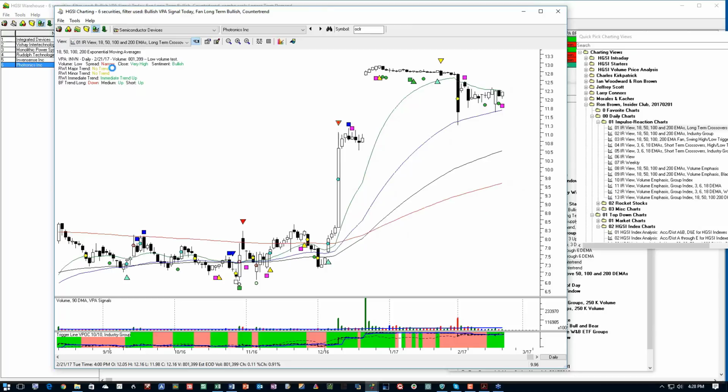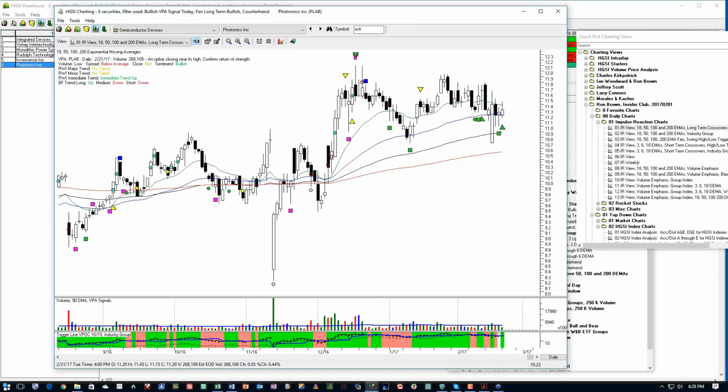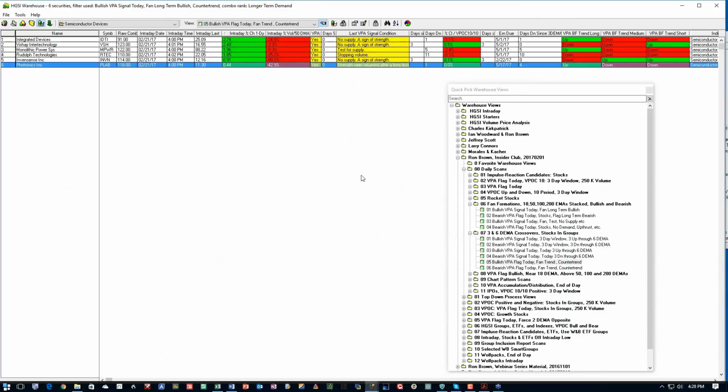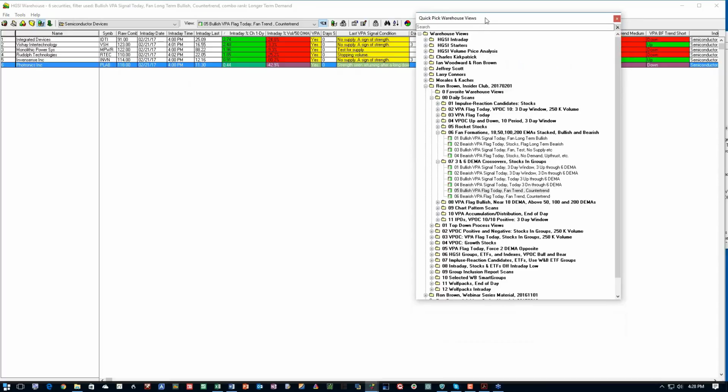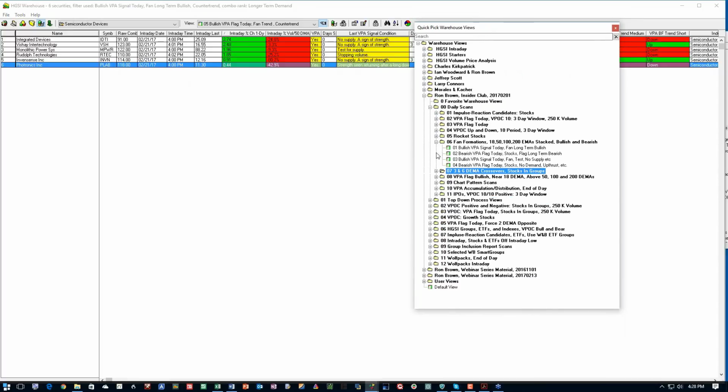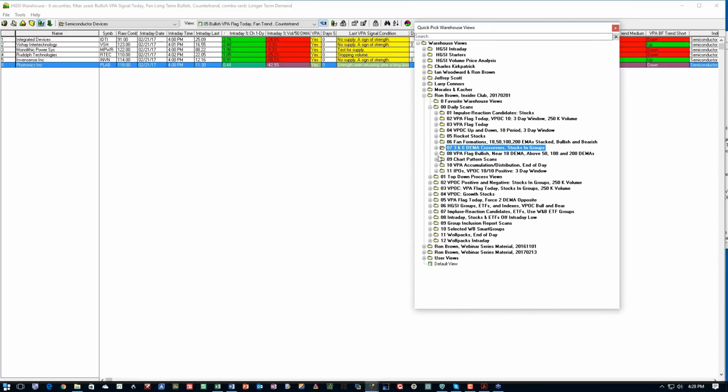Now I'm just in semiconductors. That's too loose for me. Not even going to look at it. I'm just in semiconductors. If you apply this to all securities or any other groups, you're going to find a lot of candidates that meet that criteria. Okay, so I'm through with that. Let me check my list here.